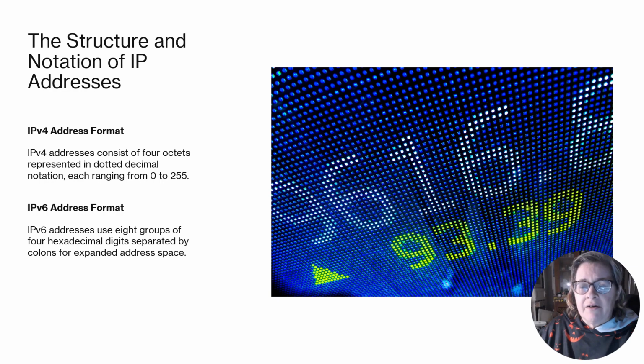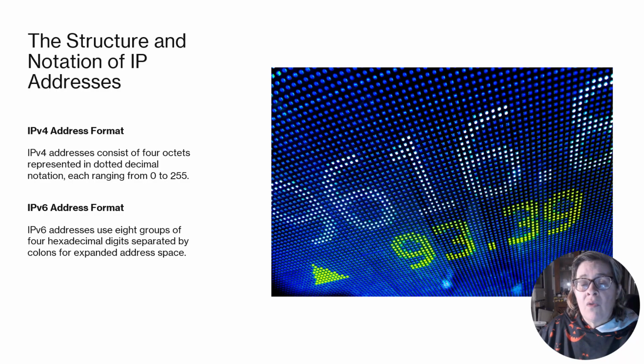IPv4 addresses are expressed in dotted decimal notation, so like a full stop. There's a number, full stop, a number, full stop, with 4 octets. Octets are 8 bits, so 4 groups of 8. IPv6 addresses use hexadecimal numbers, so that's 0 to 9, then A through to F. Hexadecimal is base 16, whereas IPv4 only uses 0 to 9.